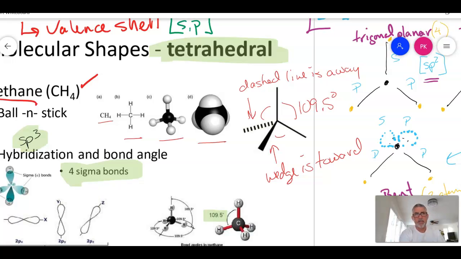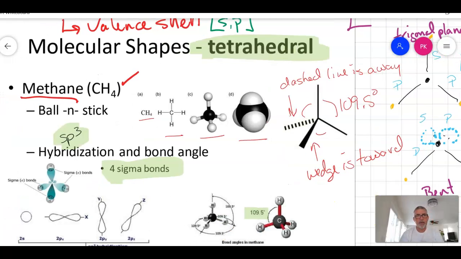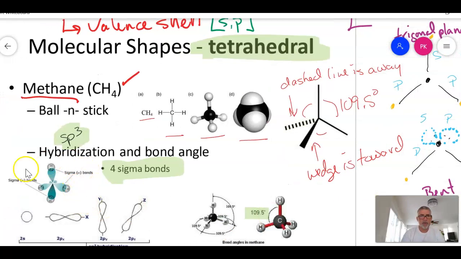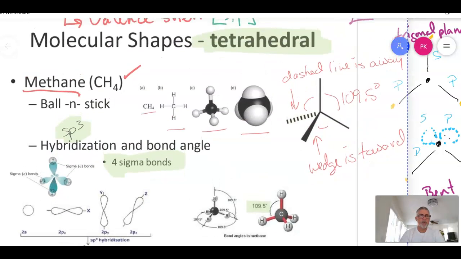You need to know that tetrahedral is sp3 hybridization. It has 4 sigma bonds. Those are linear bonds between 2 atoms, and I show you that over here to the left. And the bond angle is 109.5. So that's that shape.